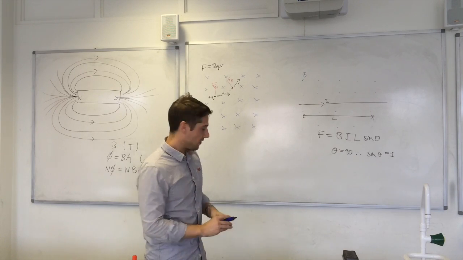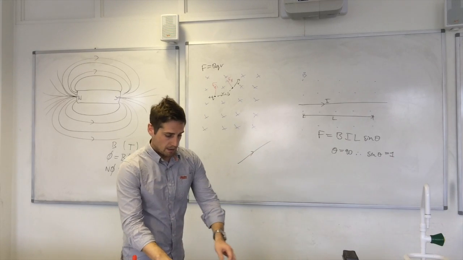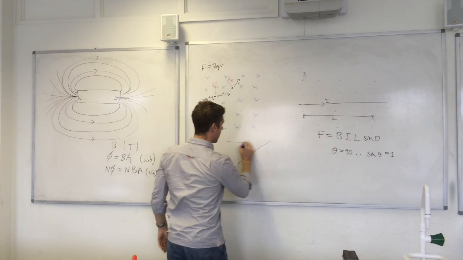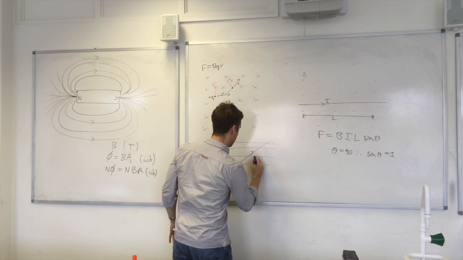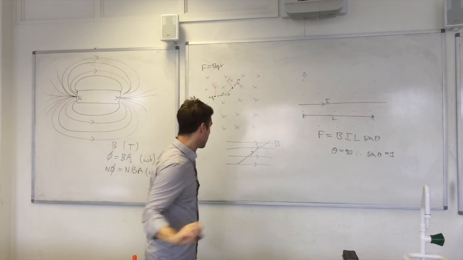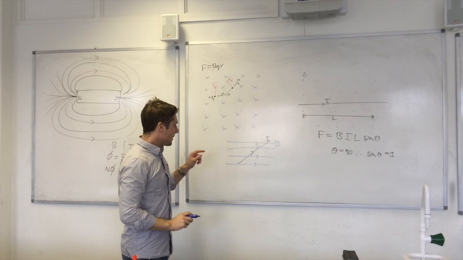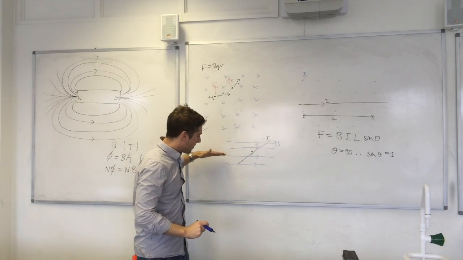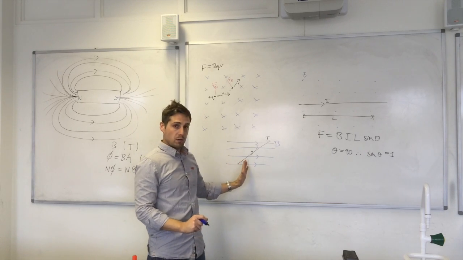So let's try and draw a diagram to show what I mean there. That's our current, and here is B. That's our field. That's I. So in this case, there's a component which is parallel with B, and there's a component which is perpendicular.